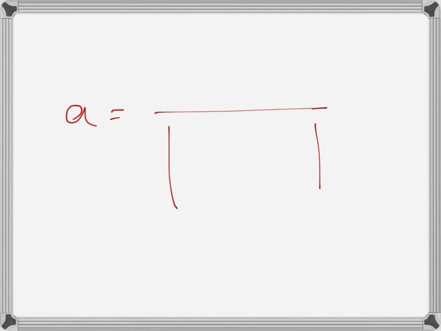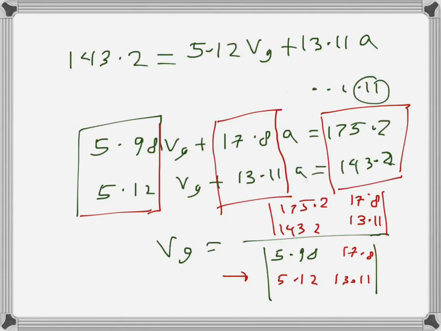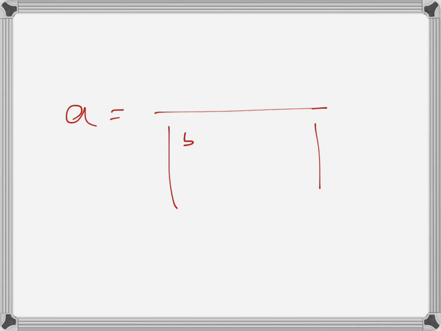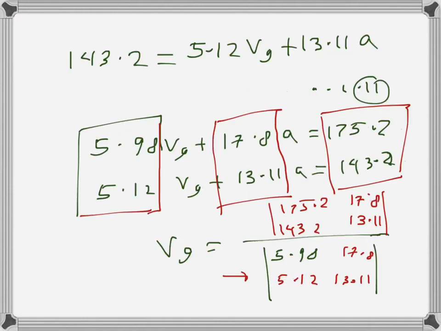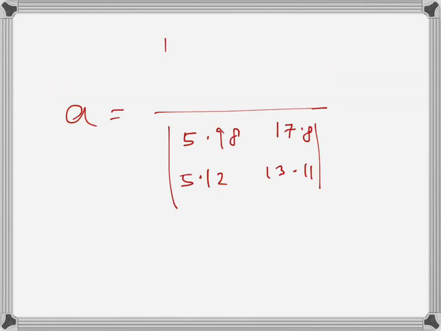So 5.98, 5.12, 17.8 and 13.11, and here, since this is A, that is like y in a normal algebraic equation, this will be the same, but this side will be 175.2 and 143.2.